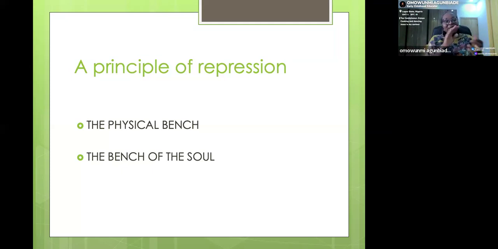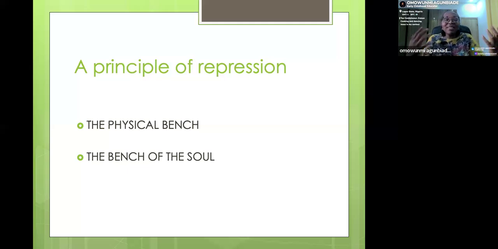And of course, the bench of the soul. The bench of the soul is more of the internal seat, the seat of emotion, the seat of dreams, the seat of ideas, the seat of exploration, the seat of problem solving.